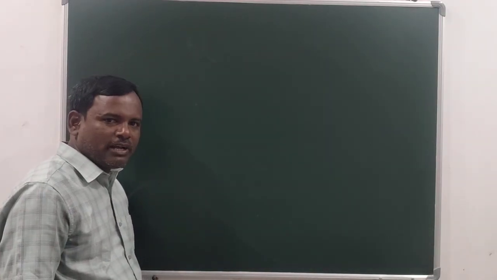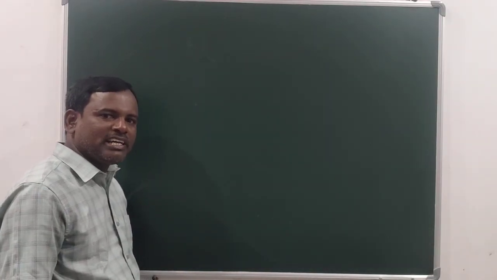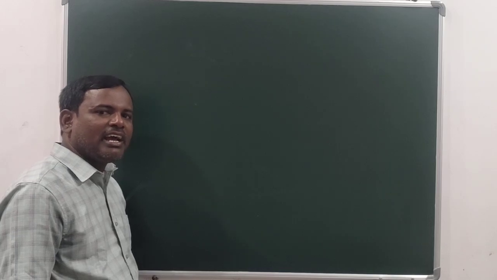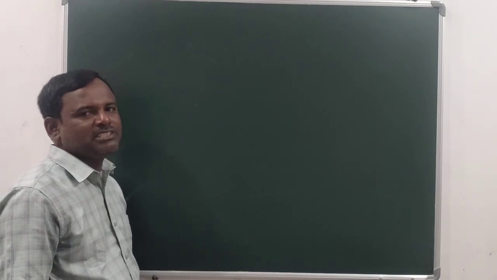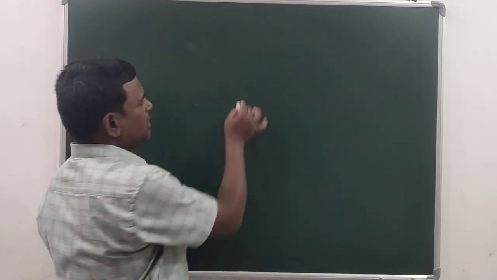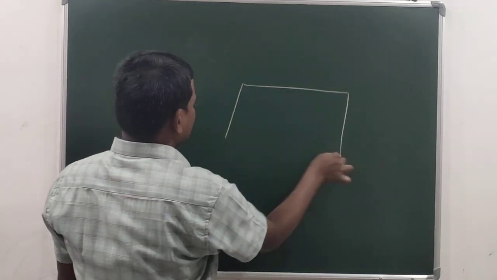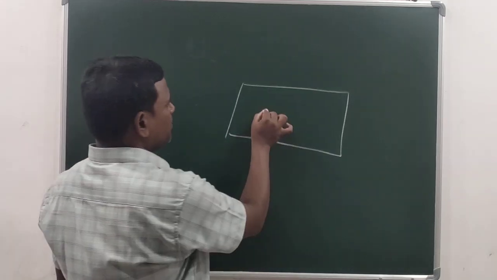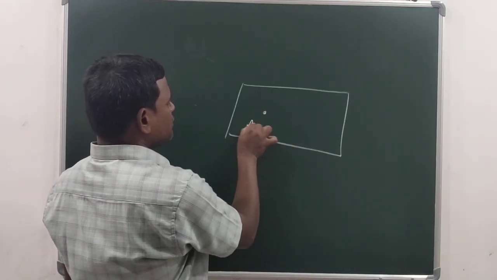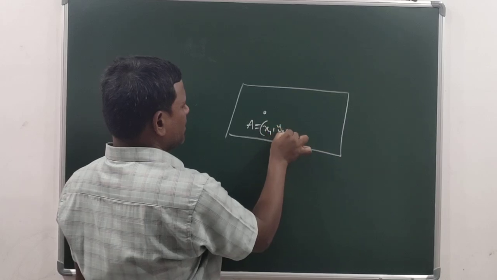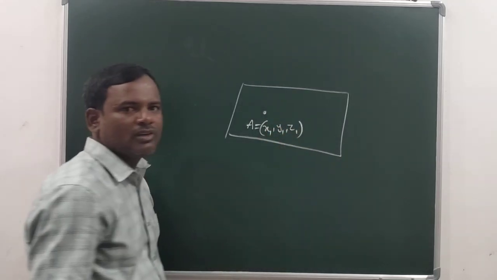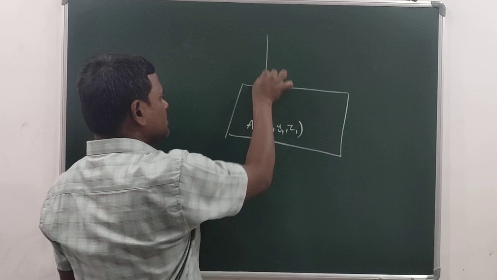Find the equation of the plane which passes through a point x1, y1, z1 and has DRs of normal a comma b comma c. This is the plane. On the plane, one fixed point is given whose coordinates are x1 comma y1 comma z1, and this is the normal.